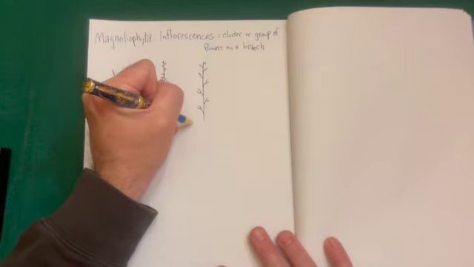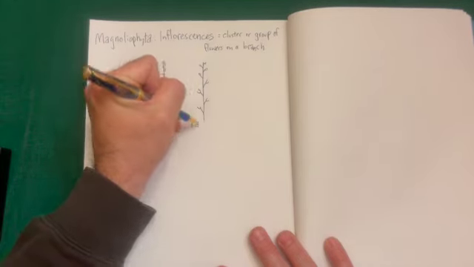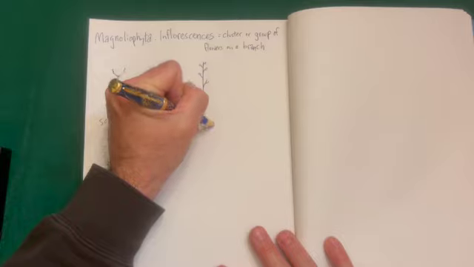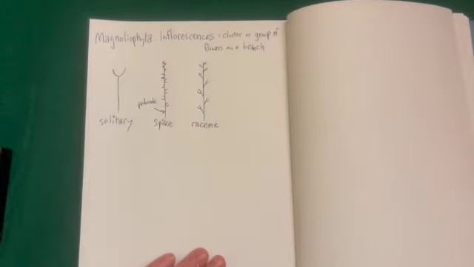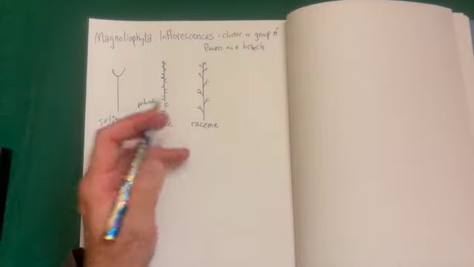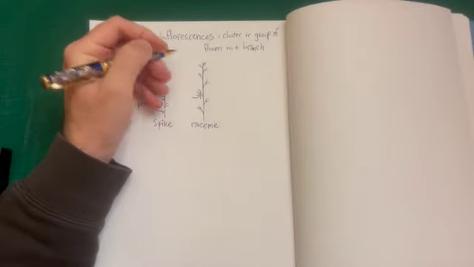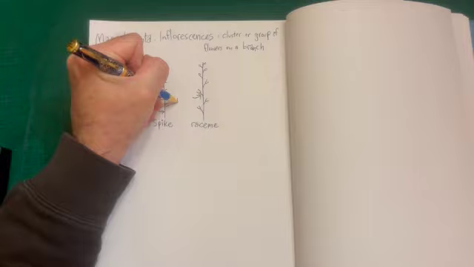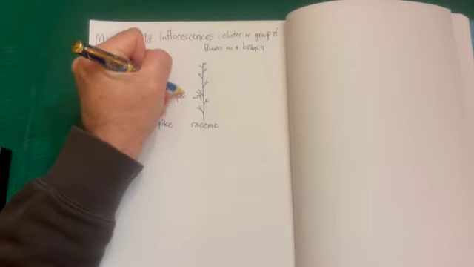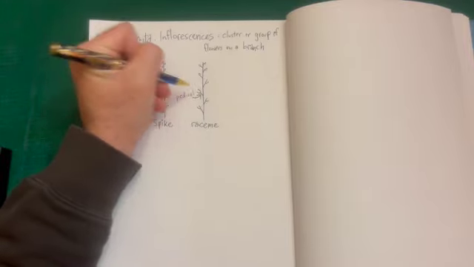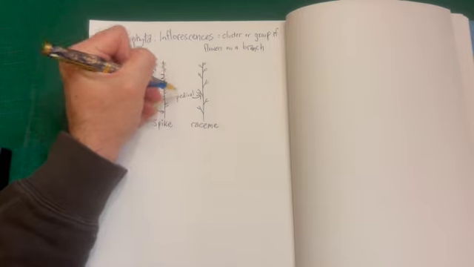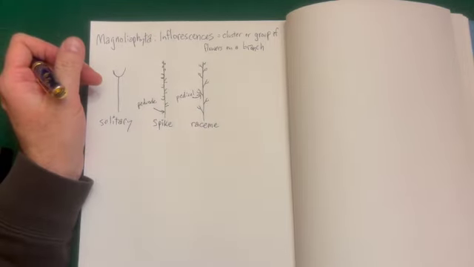And this is called a raceme. And you can see each of the flowers has its own little stem. And that is called a pedicel, a pedicel. It's called a pedicel.